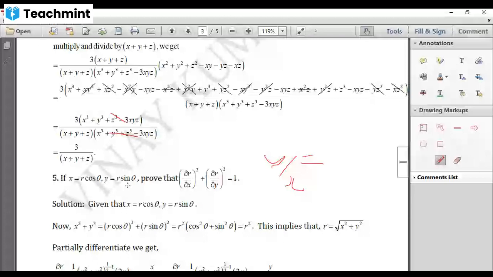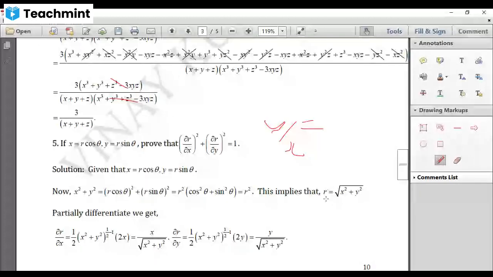So your theta will be tan inverse of y by x. So that's how you can find r and theta also. But here we need r. That's why I've found only r. Theta will be from this, tan inverse of y by x.